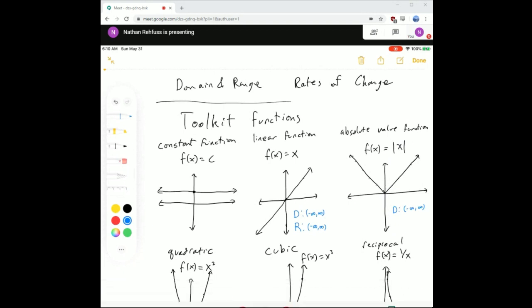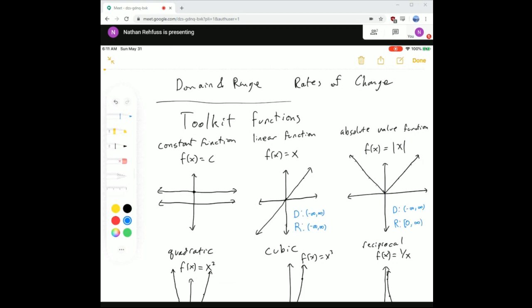So the range starts at 0, and 0 is included. So that's a dicey part. You have to make the choice of whether the endpoint is included, and it's based on the specifics of the problem. Here, the bottom is included because (0, 0) is a real point on the graph. And then that can go up as high as you want. So the range is 0 to infinity.